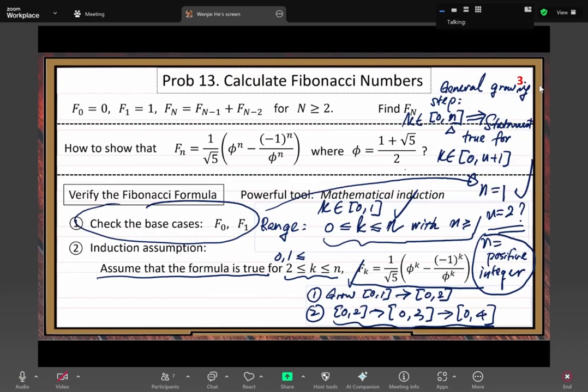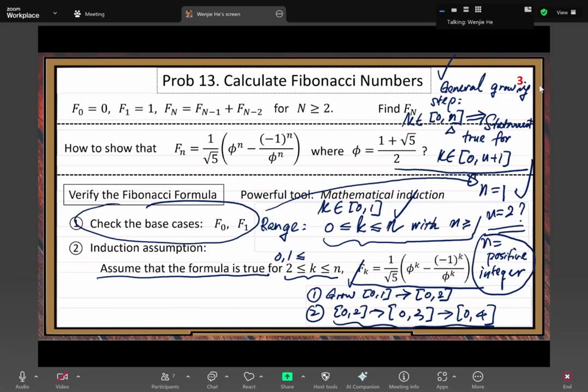But this is so general. If I can prove this general step, then can I apply this general step for n equals 1 first, n equals 2? I can apply the same thing, because I did it rigorously. If I do it rigorously, after that, I enjoy the result. So I apply it to n equals 2, n equals 3, n equals 4, n equals 100, 1 million.